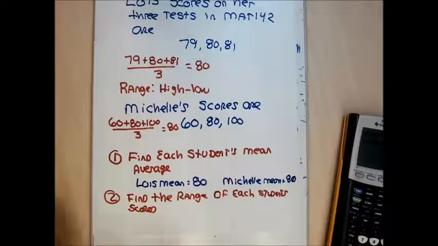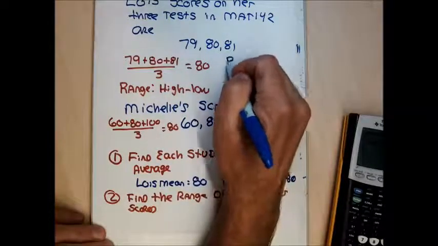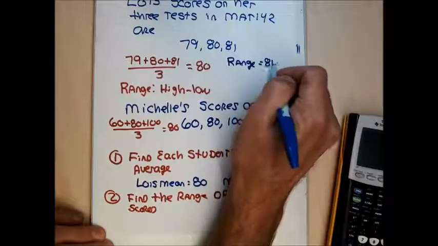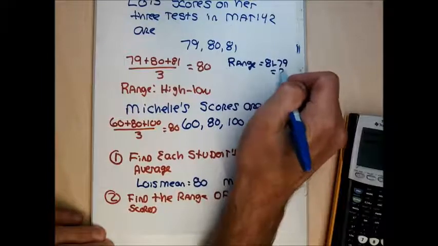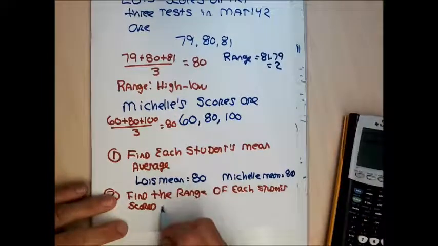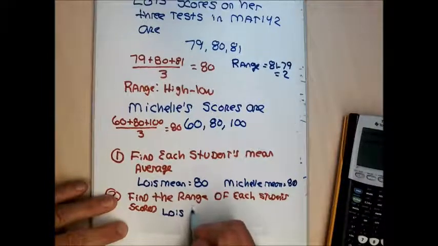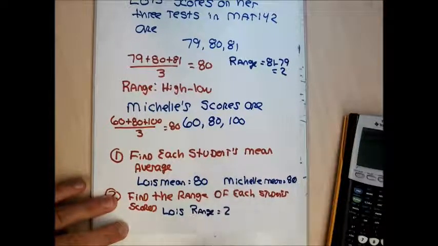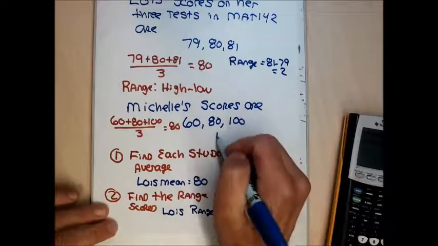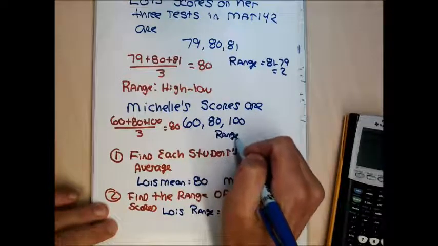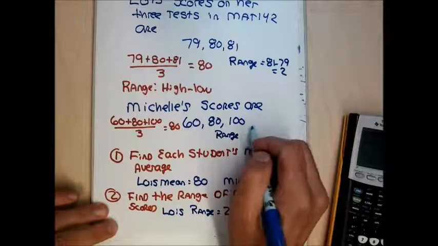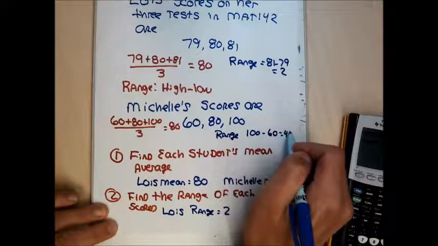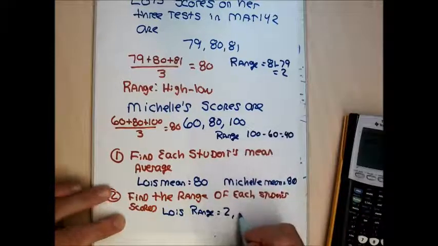So for Lois, her range is going to equal 81 minus 79, and that's 2. So part of my answer here is Lois's range equals 2. If I did the same thing for Michelle, I'm going to take the highest score, which is 100, minus the lowest score, which is 60, and her range is 40.